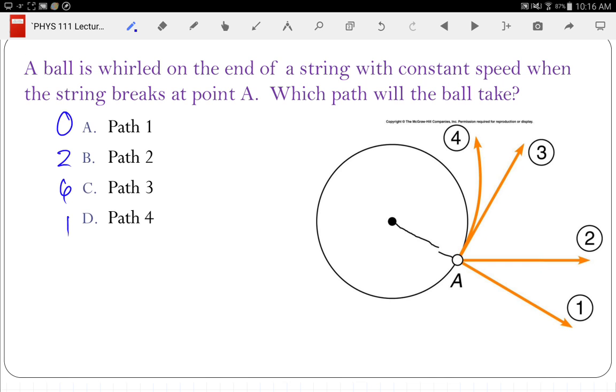So what does that tell you? The horizontal forces were 0. And so if the horizontal forces are 0, what does that tell you about the acceleration? Should be constant at 0.